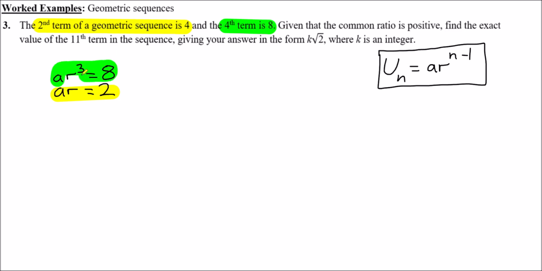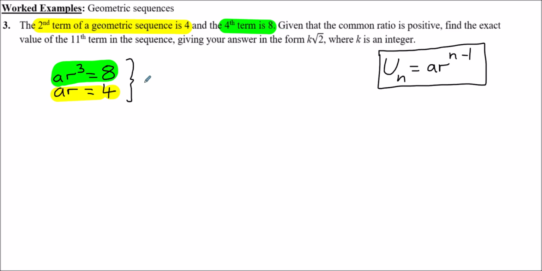So if we put these two bits of information together, we can now find both a and r. So what we can do here is we can take one and divide it by the other. I do apologise, the second term here is 4, isn't it? Not 2, so I need to just scrub it off, I'm sorry. That's 4. Apologies. So I can now do ar cubed divided by ar.